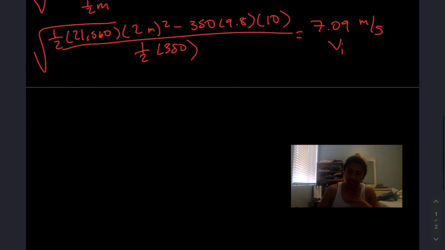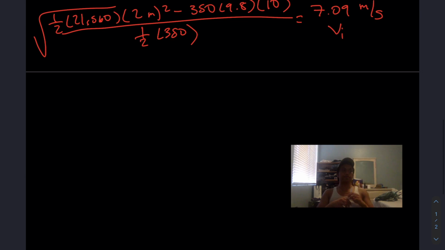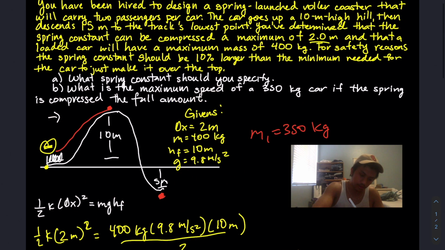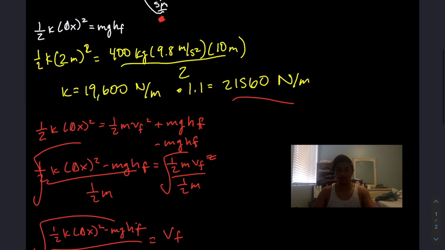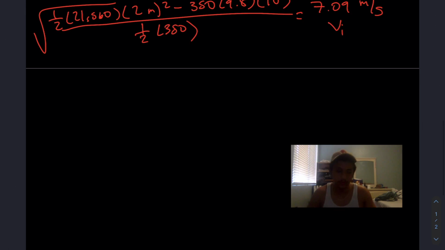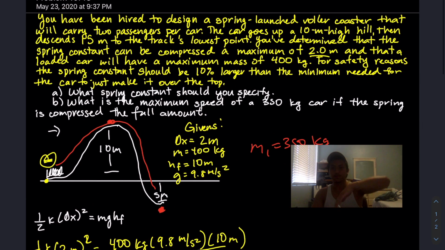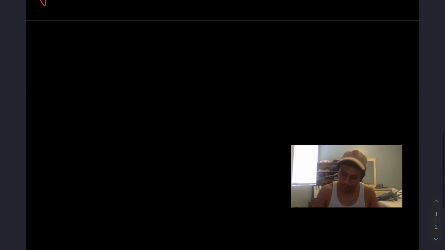So for the second part, we're looking at how fast it goes on the way down from the 10-meter hill. We're looking at it from this point right here all the way down to this point to get the max speed, which makes sense because the first part was going up, so now it's coming down.